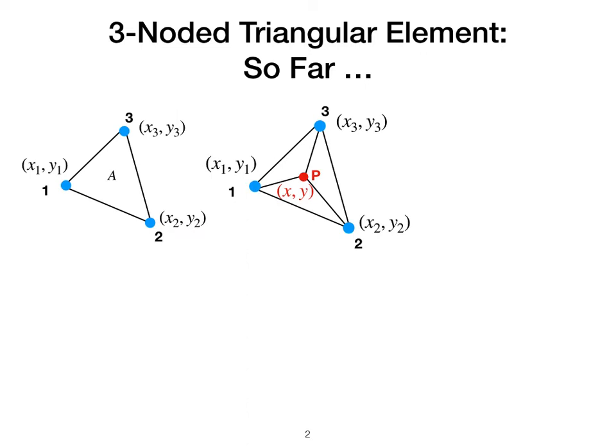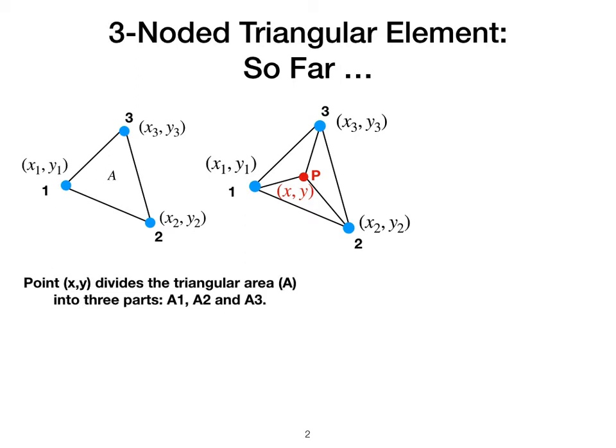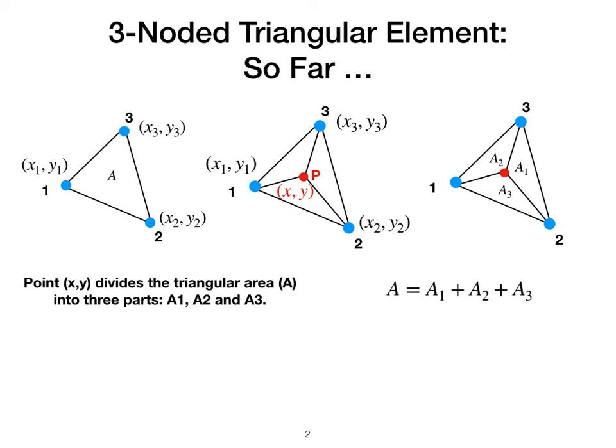Then there is a point P inside the triangle. The coordinates of point P are x, y, and this point divides the triangular area A into three parts, A1, A2, A3 as shown in this figure. So obviously A equals A1 plus A2 plus A3.